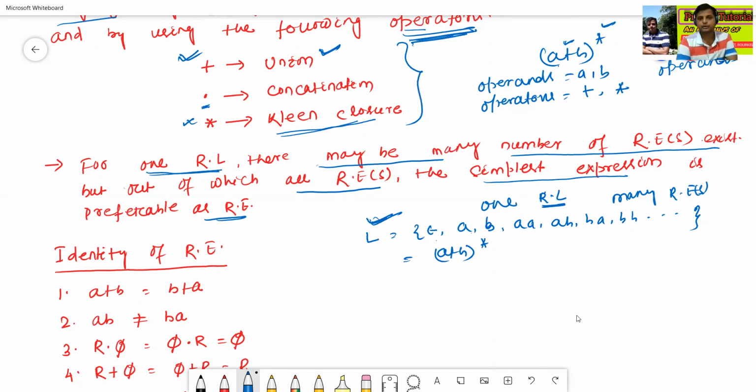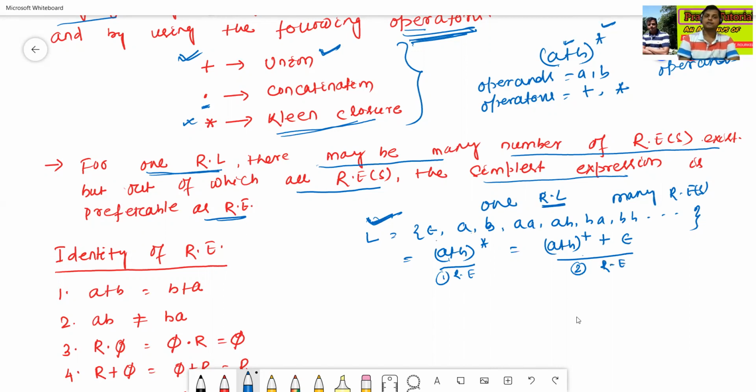Okay, we can also represent this language like this, (a+b) the whole plus epsilon. This is also one of the regular expressions. Let the first be the first regular expression, and this be the second regular expression.